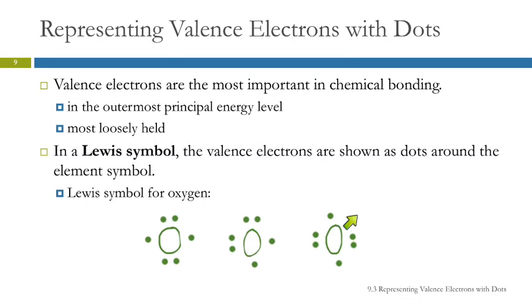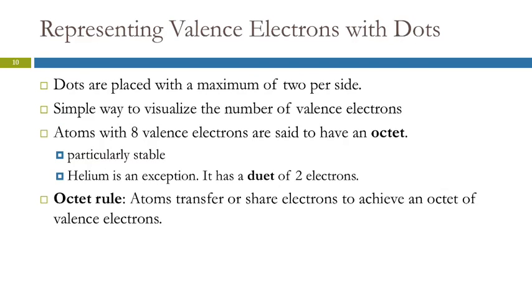And when we do this, the number of unpaired dots here ends up matching up with the number of unpaired valence electrons in an orbital diagram. So that's kind of cool. So dots placed with a maximum of 2 per side, just an easy way to visualize what's going on.